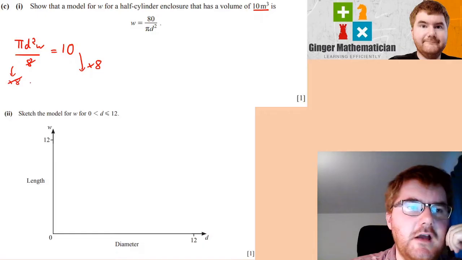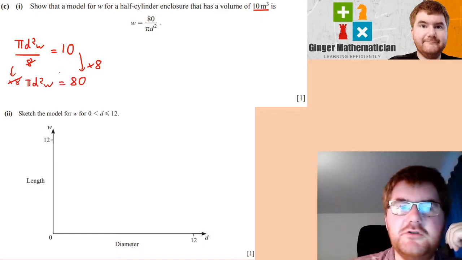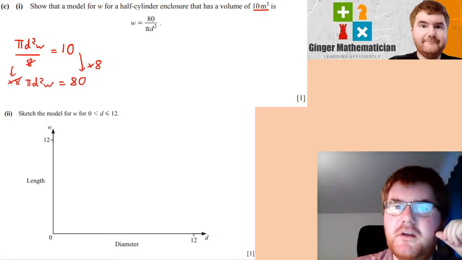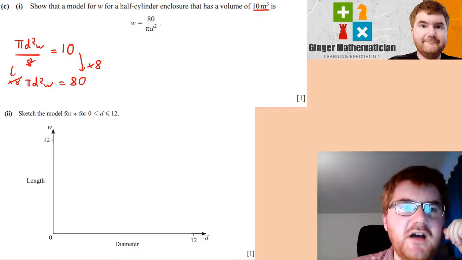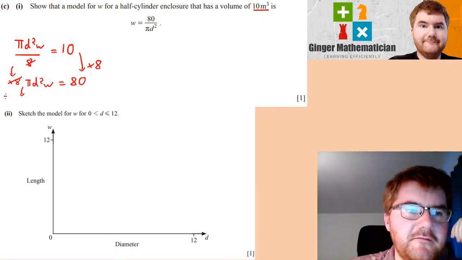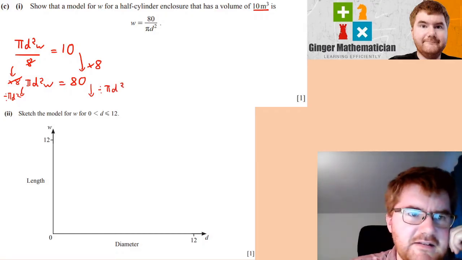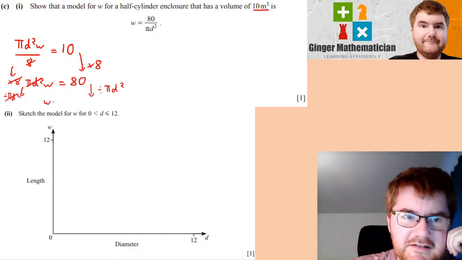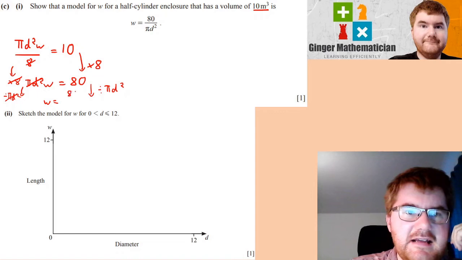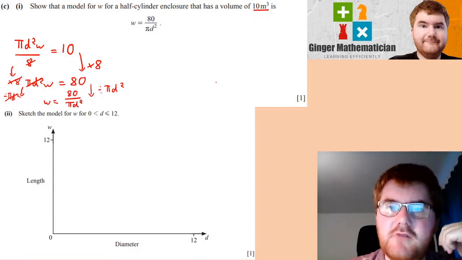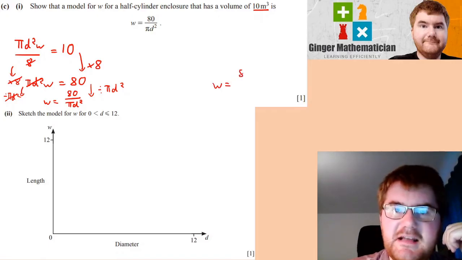That cancels. We get pi d squared W. You do need to show these steps to make sure you get all the marks. And then we want W on its own. So what's the opposite of timesing by pi d squared? Well, we divide by pi d squared on both sides. This cancels. Lovely. We then get our answer of W equals 80 over pi d squared, which I'm going to write very clearly to the examiner so that they know I've got to the right point.